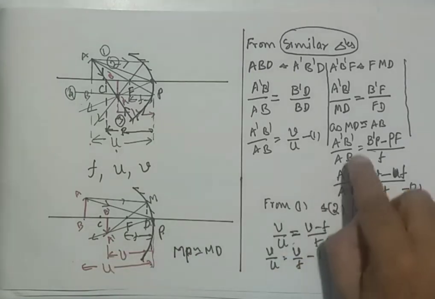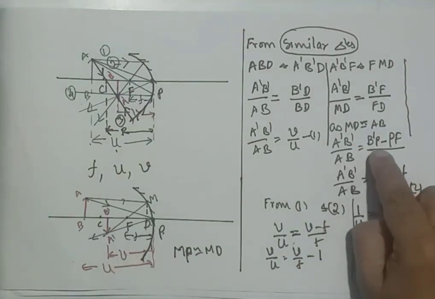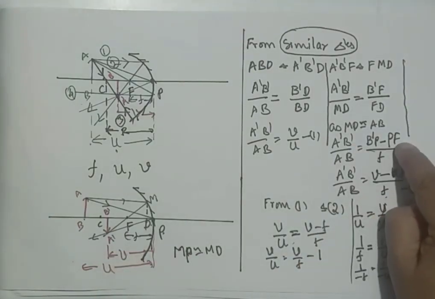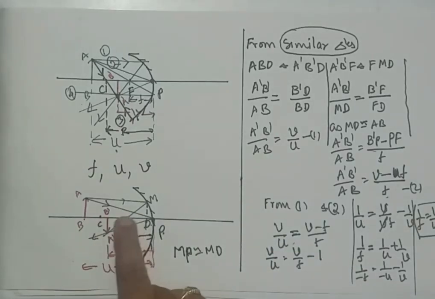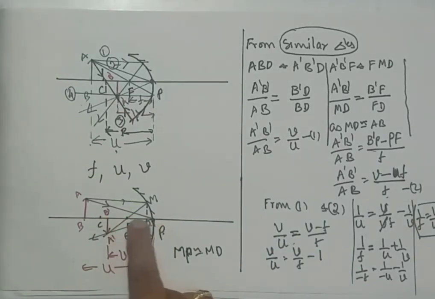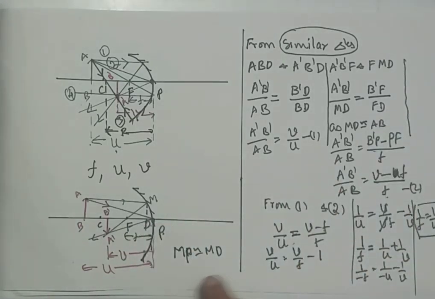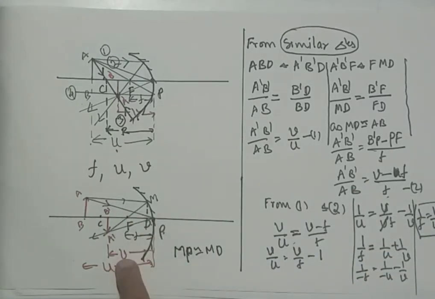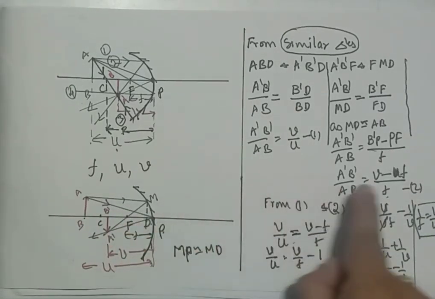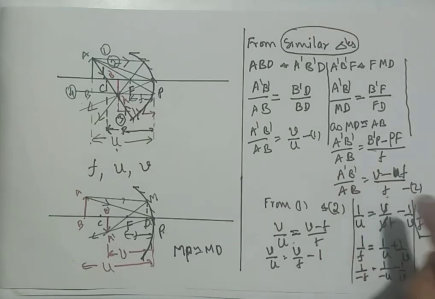Therefore, A dash B dash by AB equals B dash P minus B dash F, as B dash F can be written as B dash P minus FP, or PF, divided by FD, which is written as F. Now, B dash P is V and PF is F. We can write A dash B dash by AB as V minus F by F. We call this equation 2.